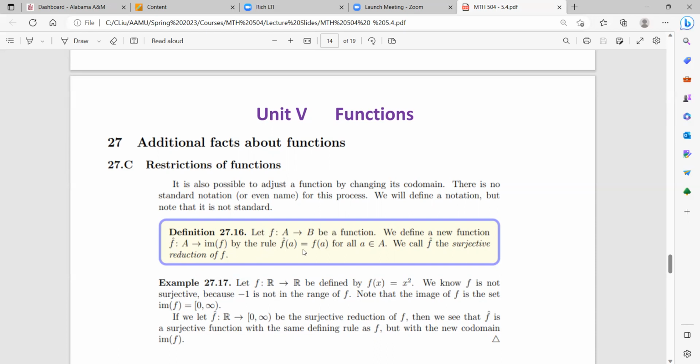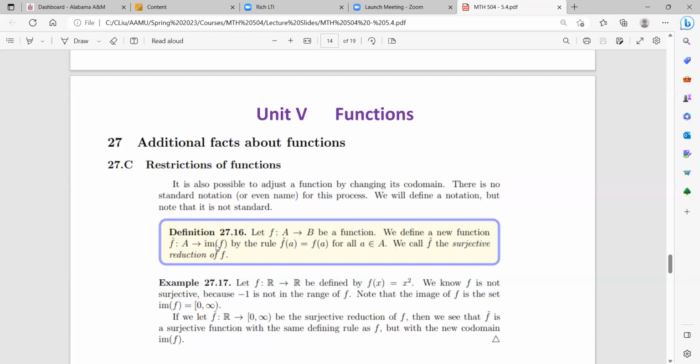And the rule is still the same. Just take the function value of the original function f at each a in the set A. We call this f hat the surjective reduction of f. You see the difference is the codomain.